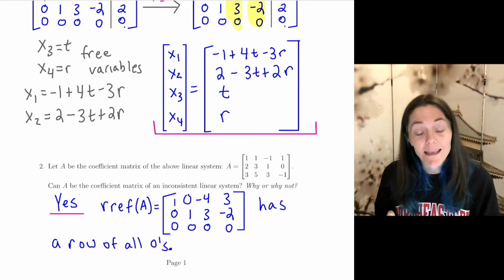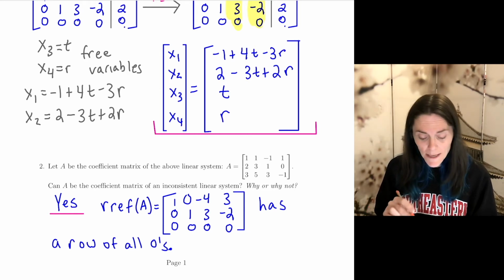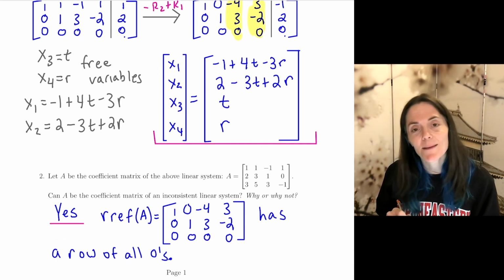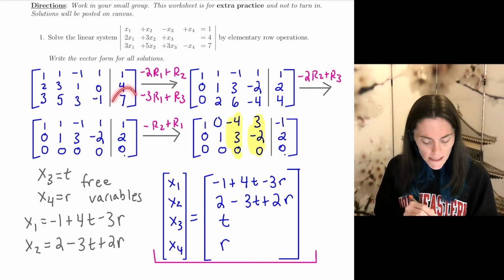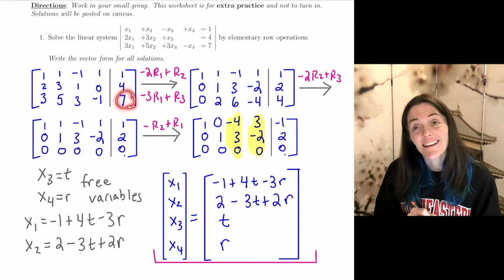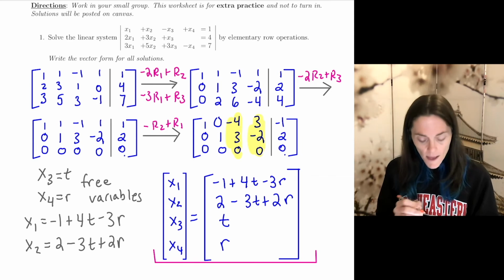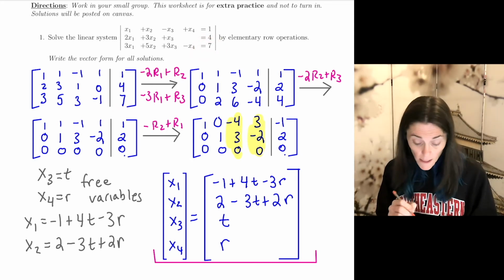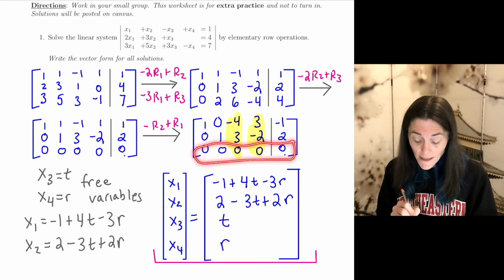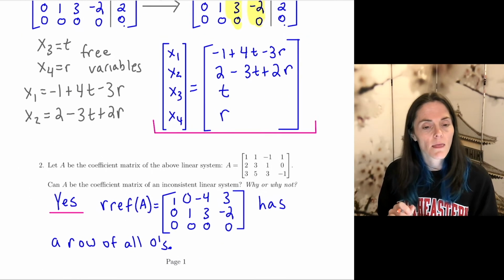And so you could easily make a linear system that's inconsistent, but has this coefficient matrix. In particular, all I would need to do would be change this last number here. I could make this anything but 7. In particular, if this here was a 6, then once I got to this last line, I would have all zeros and then something non-zero. So definitely the answer is yes.